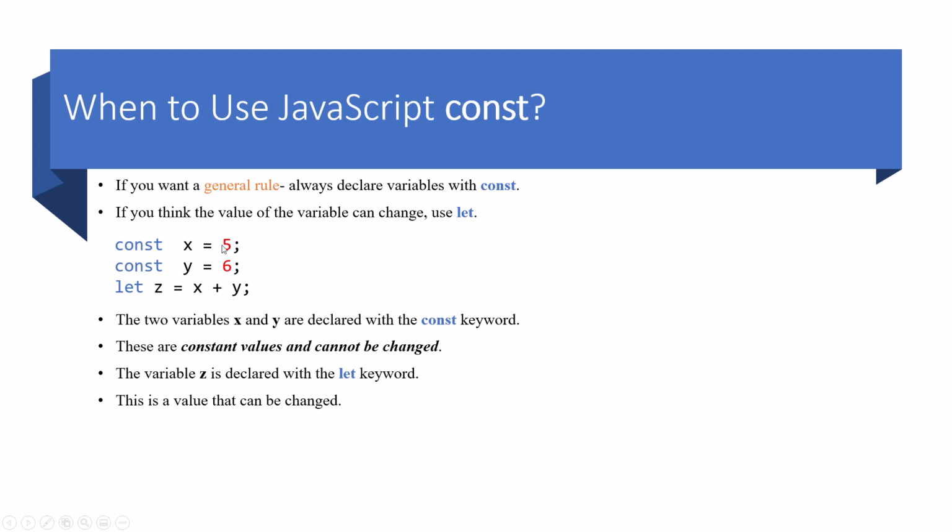The value of x, 5, will be constant throughout the program. So x and y, these two variables, are declared with the const keyword, and this let variable's value will be changed in the future, but these two values will be constant. That's when we use the const keyword to declare a variable.